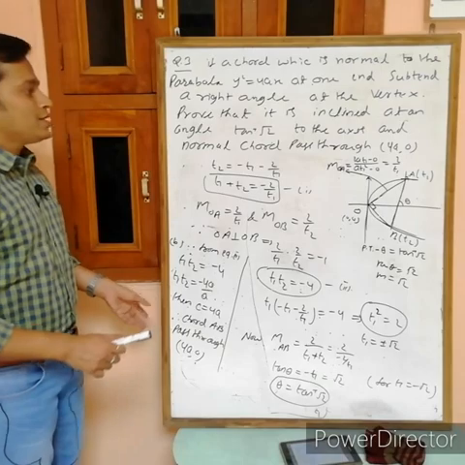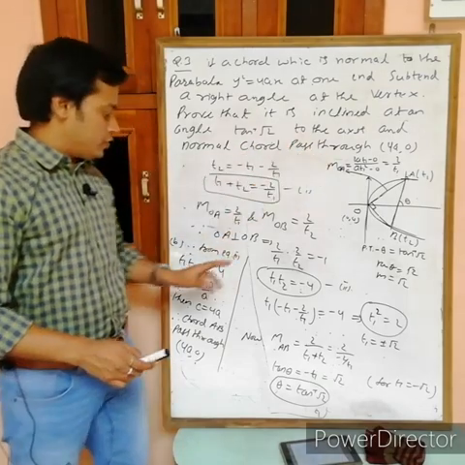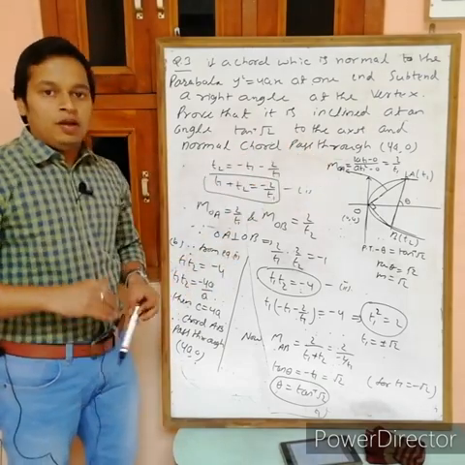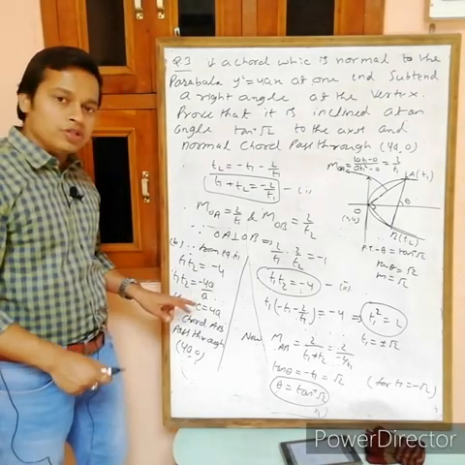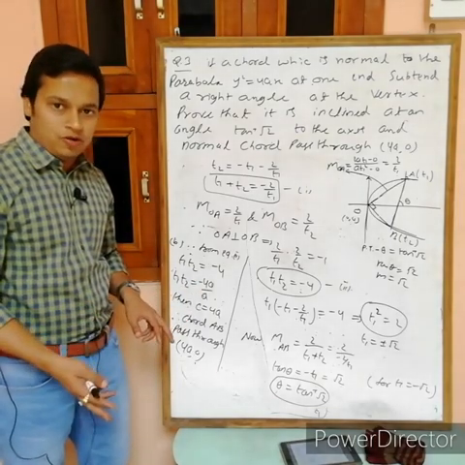Actually I am taking this part to revise this property: if t1 t2 equals minus c by a, then the chord joining t1 t2 passes through c comma 0.